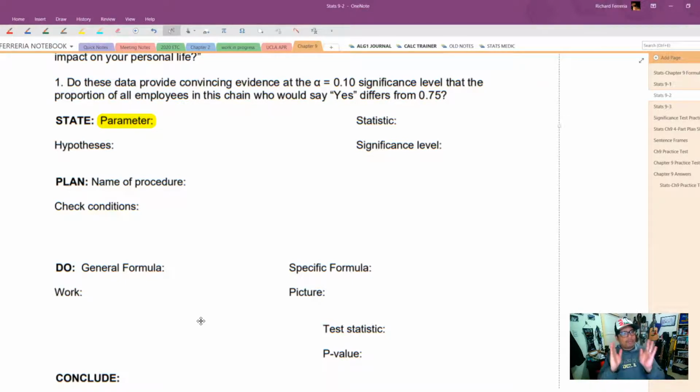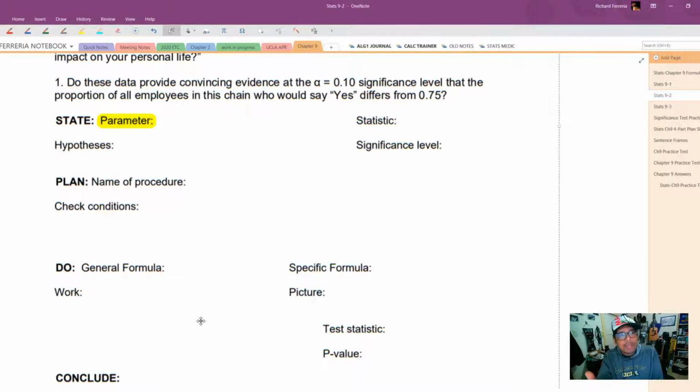Just to make sure that we're all interpreting this the same way, we know that the sample of 100 said 0.68, but that does not ensure that all of the employees have that same proportion of 0.68. That was just because we were looking at a specific set of 100.